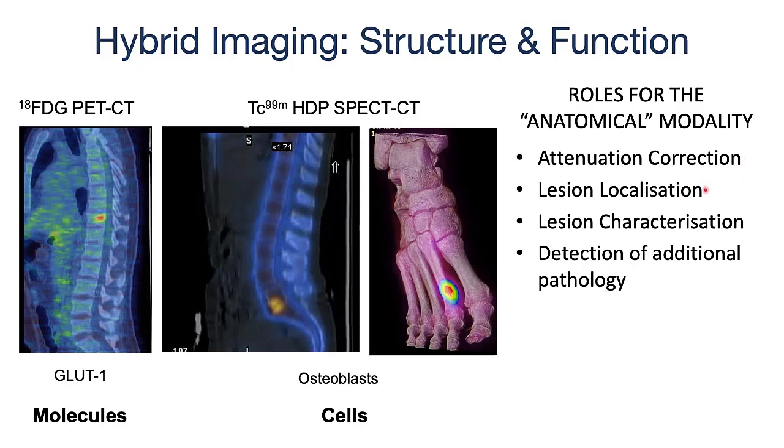We can use the anatomical imaging to identify the location of abnormalities identified on nuclear medicine. The anatomical information can provide information about the nature of the lesion and also can detect additional pathology. But in the context of radiomics, the anatomical modality offers a fifth role, which is additional measurements.